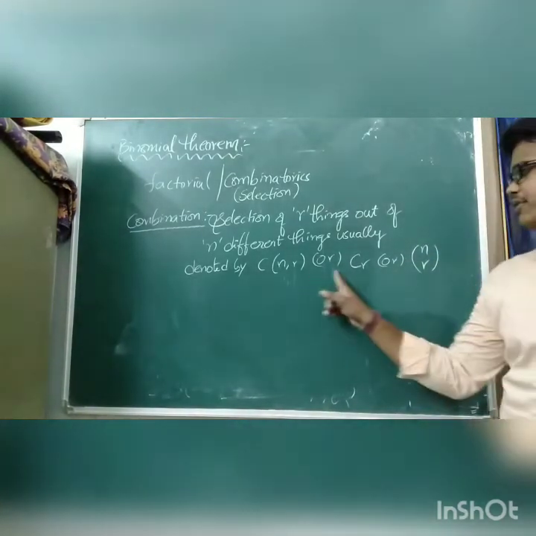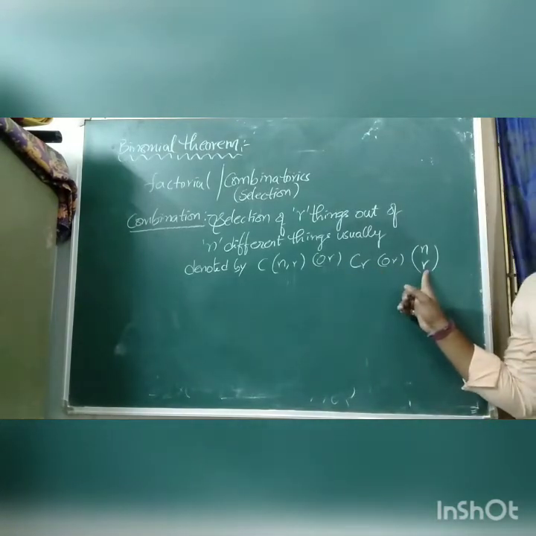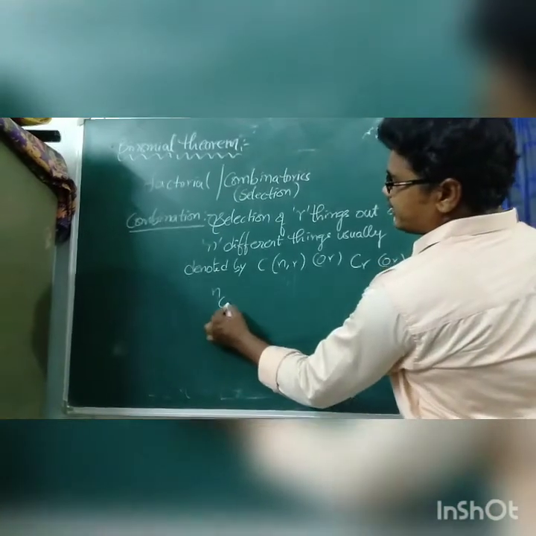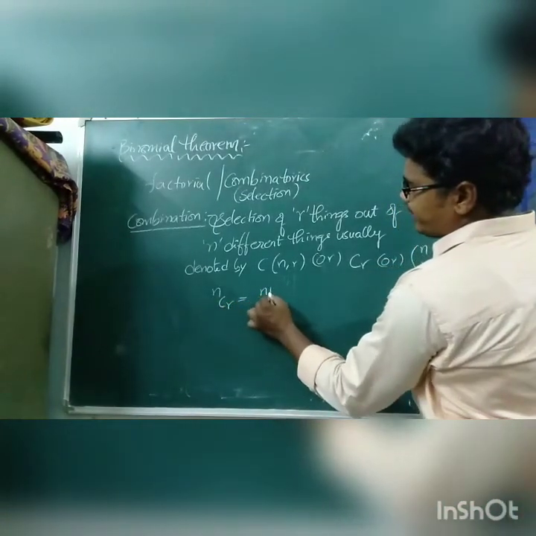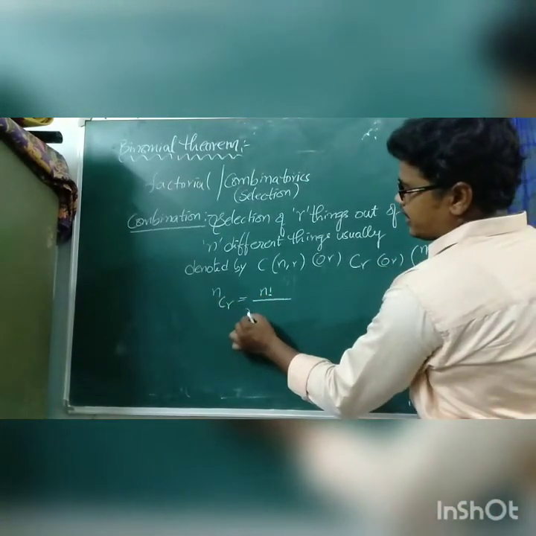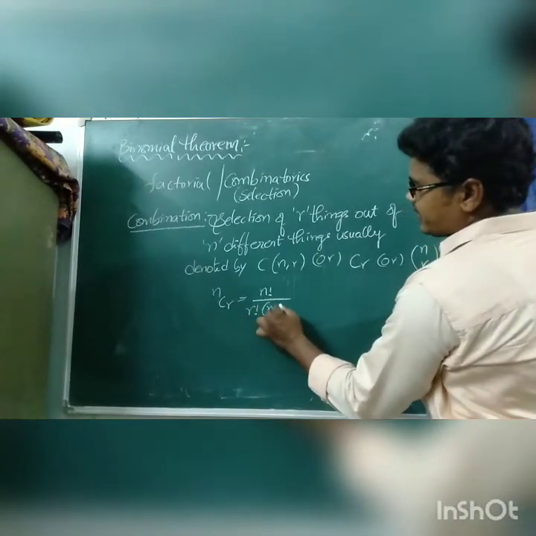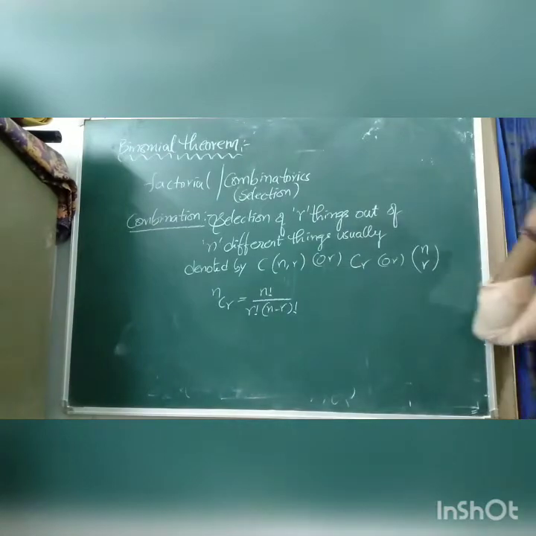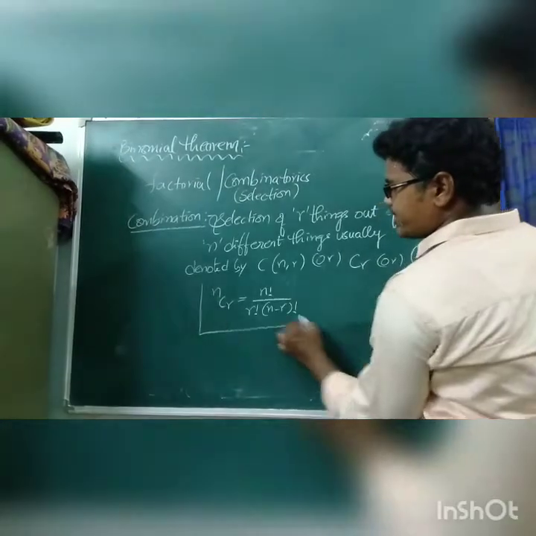In these three ways we can denote nCr. What is the formula for nCr? nCr is equal to n factorial by r factorial into n minus r whole factorial. This is about combination.